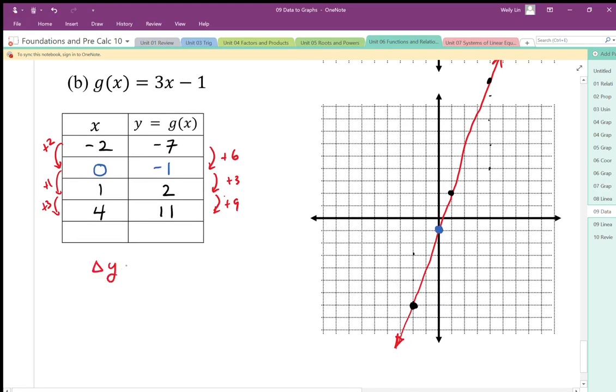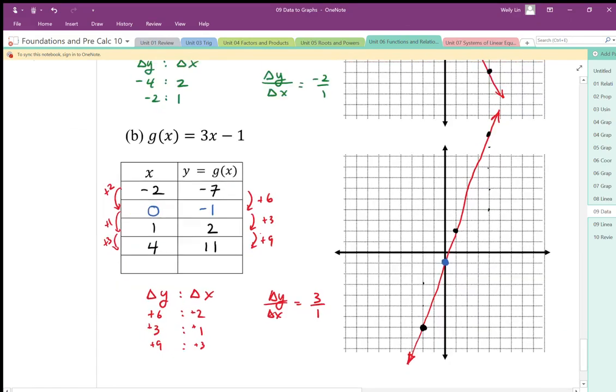The change in y compared to the change in x. We can write it as 6 to 2, 3 to 1, or 9 to 3. Those are all the same ratio of change. So as a unit rate, which is useful, change in y over the change in x, I can write it as 3 to 1.